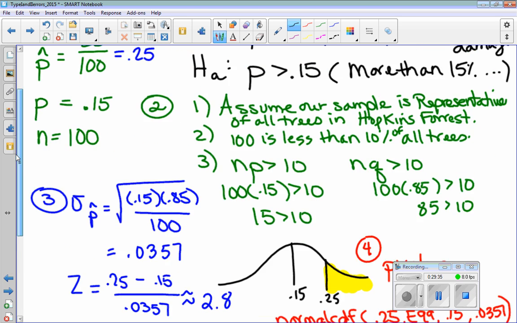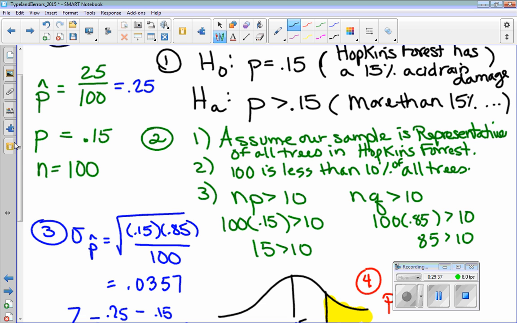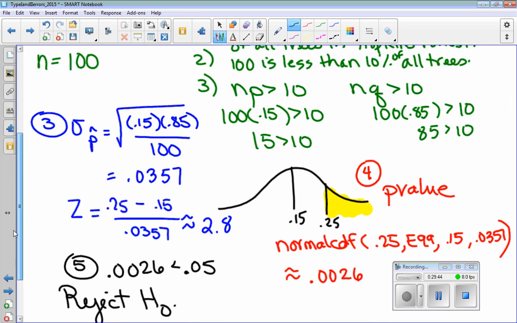Which means that we're going to reject this and say that we have evidence to suggest, and it's fairly strong evidence because the p-value is pretty small, isn't it?